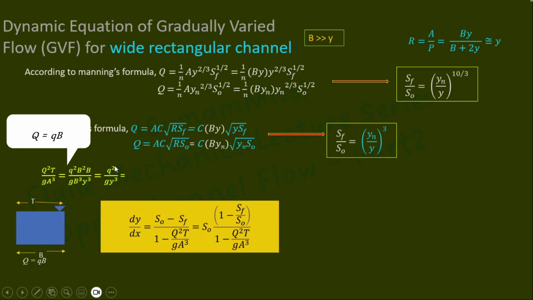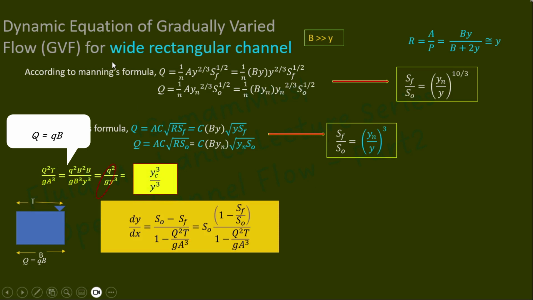So we can simplify this as q square by g y cube. Now what is q square by g? So we have learned previously that q square by g is equal to yc cube, so Q square T by g A cube is equal to yc cube divided by y cube.